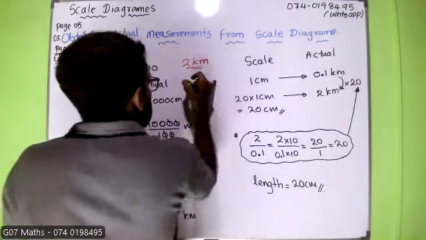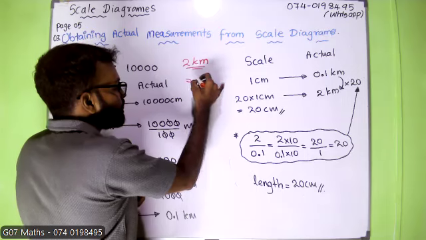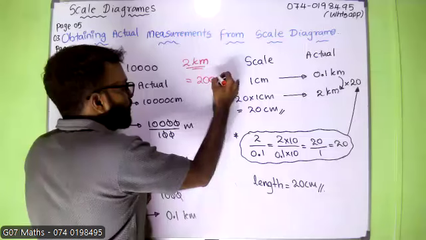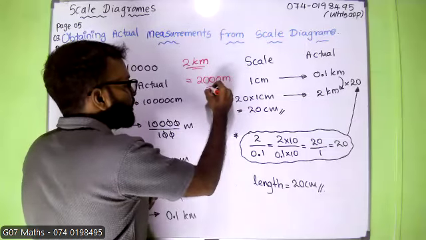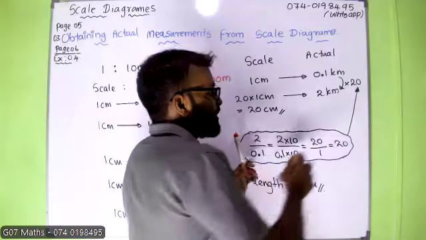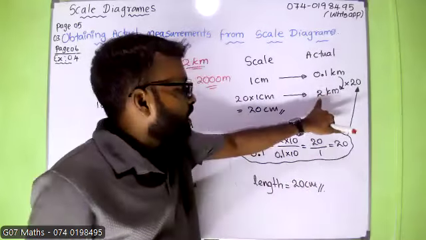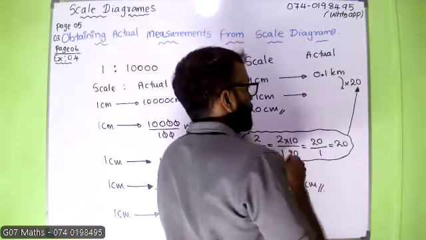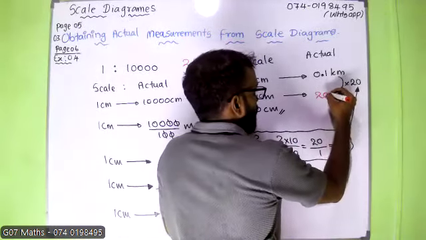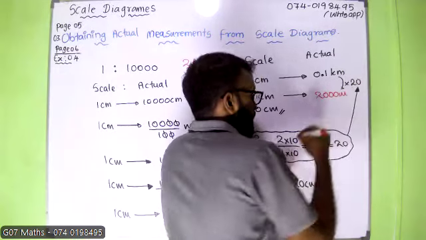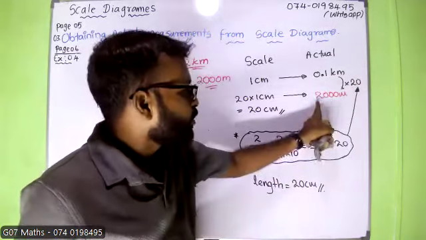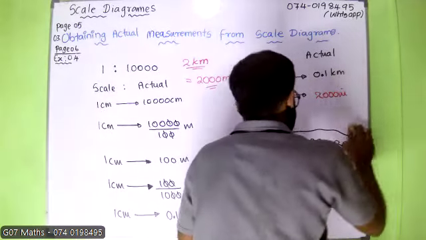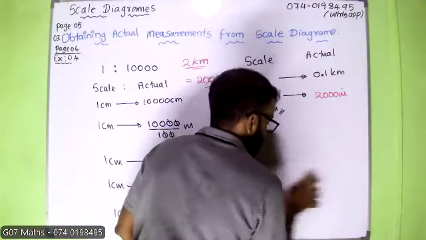So what is the answer? 2 kilometers equals 2000 meters. Correct. So instead of using kilometers, I am going to use 2000 meters.